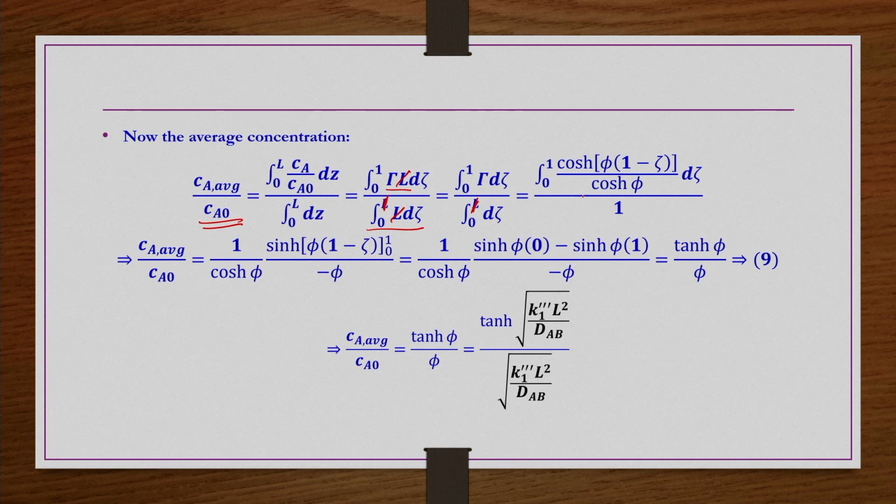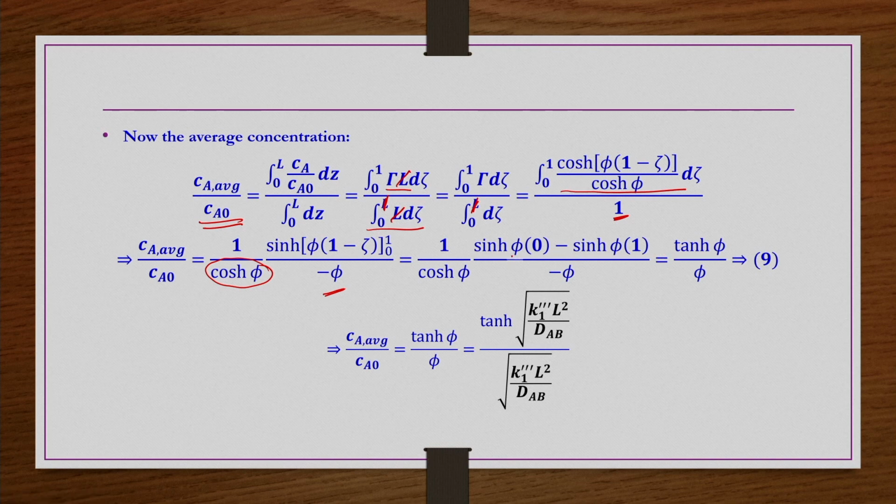So, now you do the integration of this particular term divided by the integration of d zeta, which is 1. Then the integration of cos hyperbolic of x is nothing but sin hyperbolic of x. So, that is sin hyperbolic of phi times (1 minus zeta) divided by minus phi, with limits 0 to 1, divided by cos hyperbolic phi, which is a constant and stays as it is. If you substitute the limits 0 to 1, you get sin hyperbolic of phi at 0 minus sin hyperbolic of phi at 1.